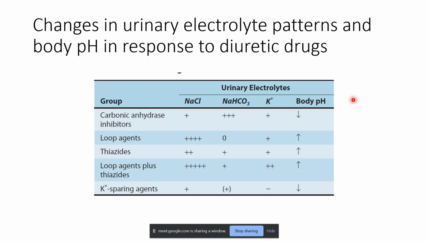So the first disease that is treated with the diuretics is congestive heart failure, or CHF. CHF develops when the cardiac output is reduced because of the heart failure, and that will decrease the blood pressure and blood flow to the kidney. The kidney will recognize that as hypovolemia, a reduction in the blood volume, and will increase the retention of salt and water.